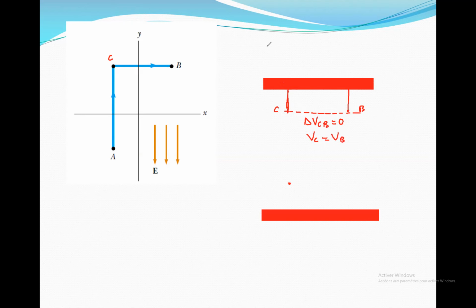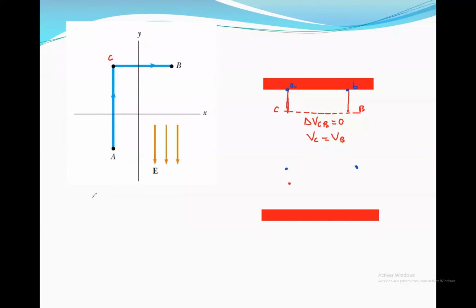If you take two points on the plate, say A and B, they have the same potential. Any point here must have the same potential. We can take a rule that the electric potential is independent of the path.